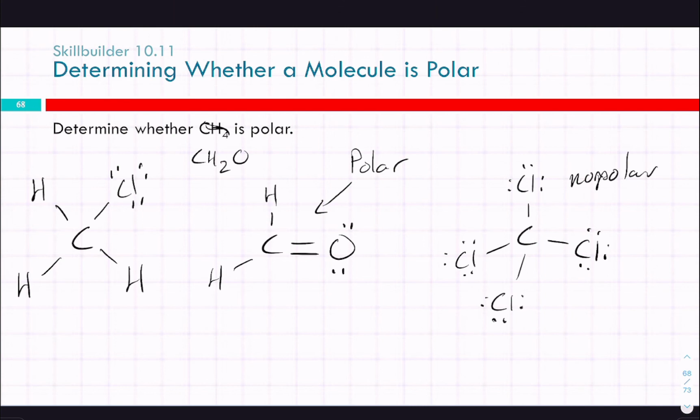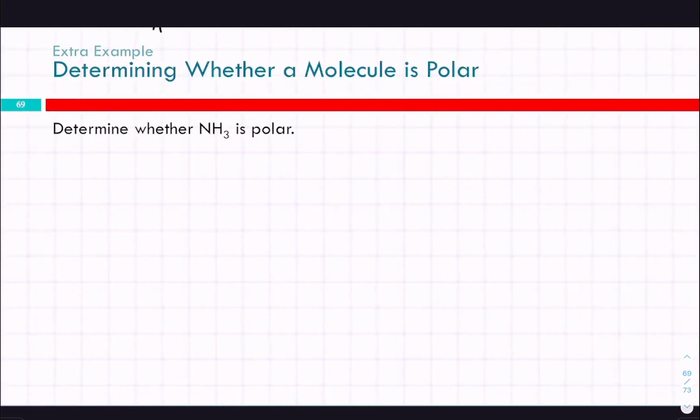You're looking at the central atom to figure it out? Yeah. Oh, okay. That makes more sense. Let's try one more. Kind of ran out of space there. Actually, hold on. We've got another example. Let me rewrite that over here.